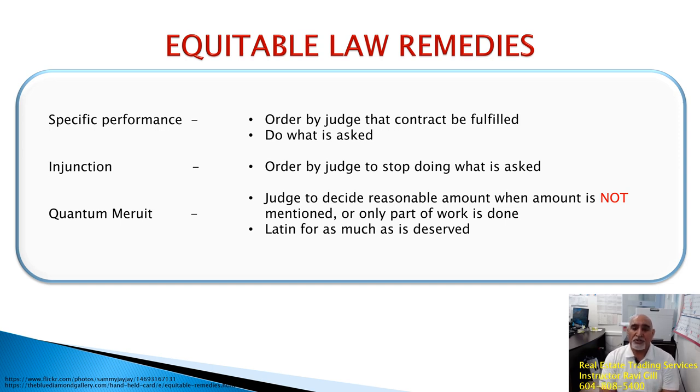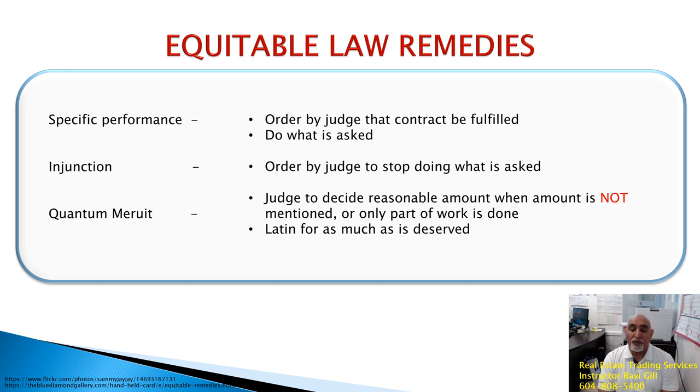Specific performance is where the judge, usually in a contract, can say the contract must be fulfilled by the guilty person. Let's say the innocent person wants his dog back, that means the dog must be returned to the innocent party.